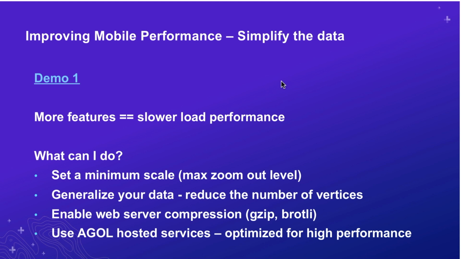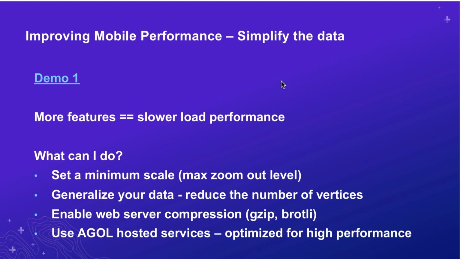You saw in that demo, as the further I zoomed out, the more features there were and the more vertices that I had to manage and render and hold in memory. And so by reducing the end user's ability to zoom out and capture too many features can definitely improve performance depending on your feature density.